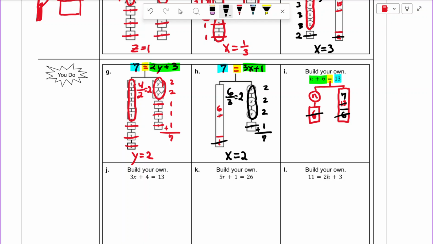Well, that one's pretty easy. If there's one n and there's 7 over there, you know the n is actually 7. But let's go ahead and do the math. Here's 7 split up into one thing, and that is 7. So n is 7. So if I put a 7 here, 7 plus 6 is 13, and that was what I was looking for. All right, we built one together.